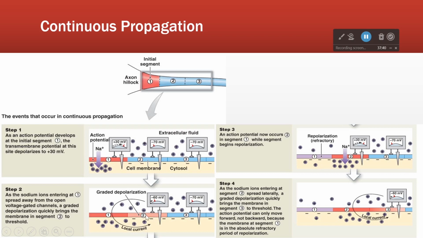So why doesn't it flow the other way? Because when these sodium ions flow in, about this time, these gates become inactive, so more sodium can't flow in here.